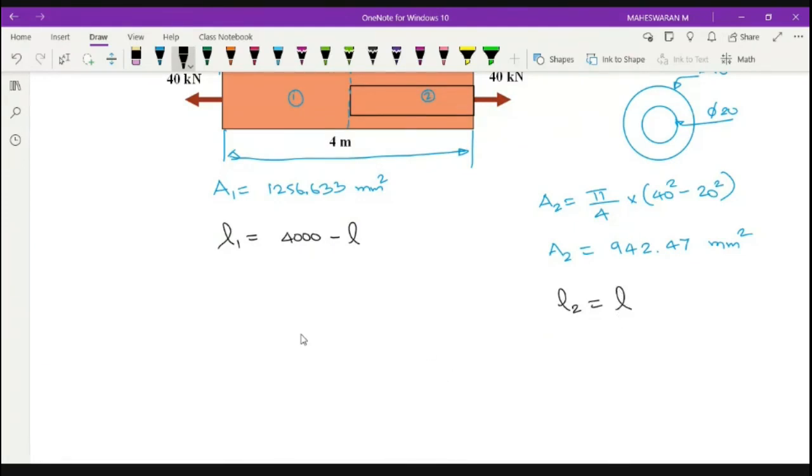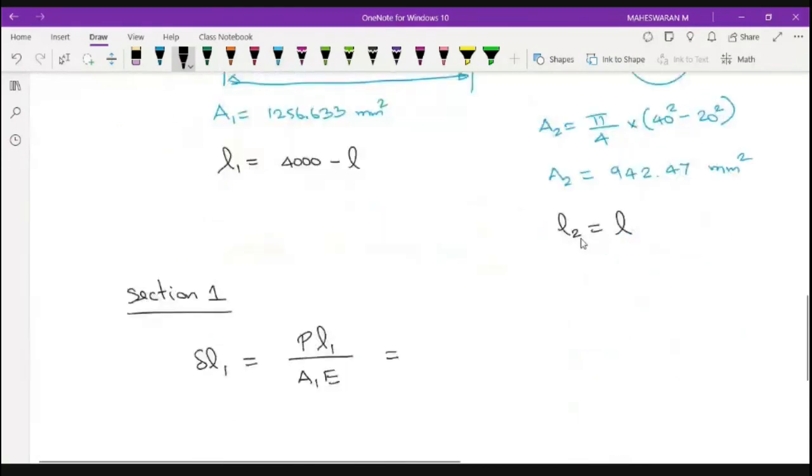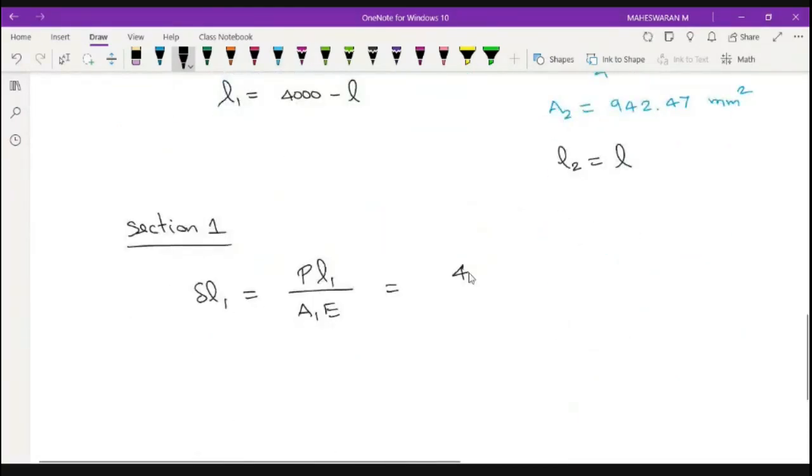So we'll go for each section one by one. First, section 1. Let us identify what is del L1. Del L1 is P L1 by A1E. What is my P? So P is 40 kilonewton, which is 40 into 10 power 3, into L1. So L1 is 4000 minus L, divided by A1.